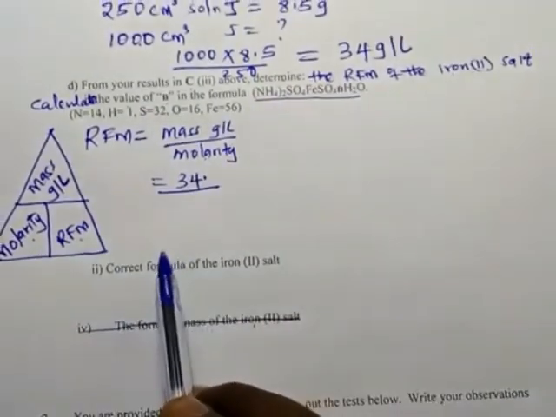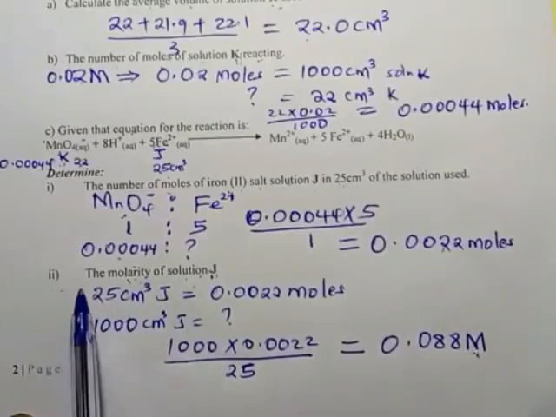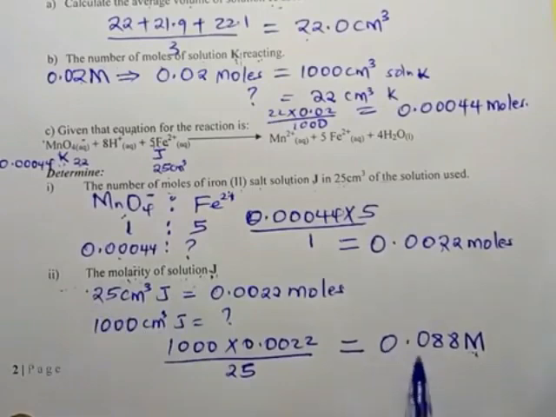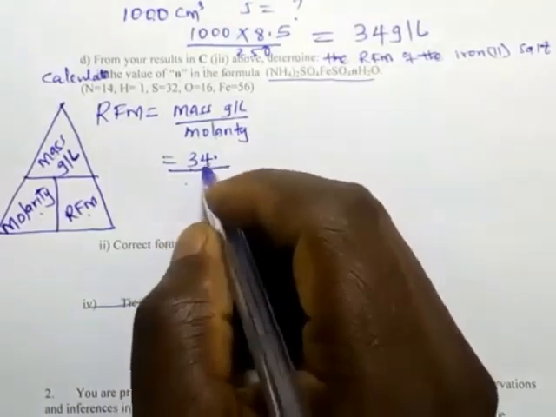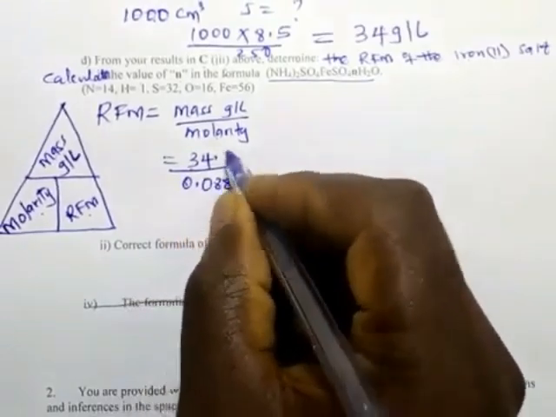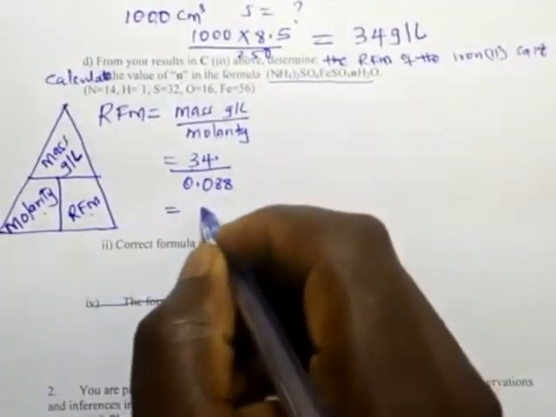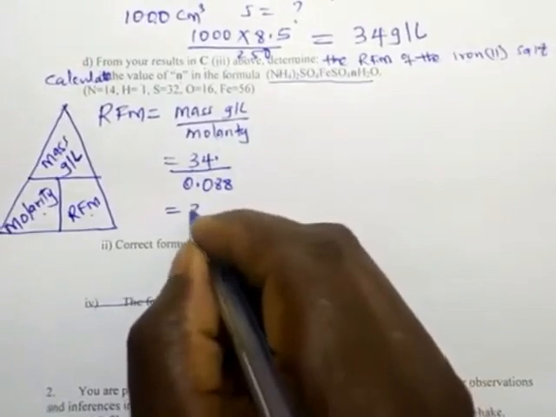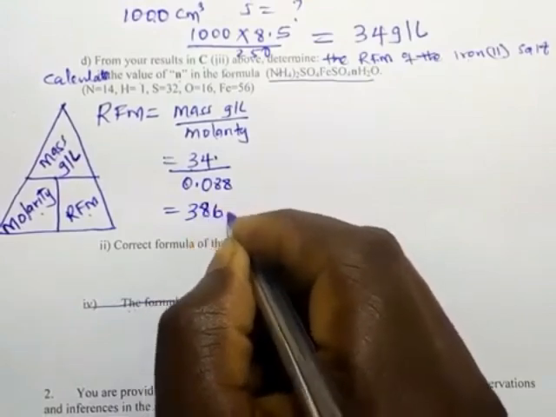We have calculated the molarity of the solution, which is in Roman 2. We have calculated the molarity of the solution, which is 0.088. So 34 divided by 0.088, which is the molarity of the solution J. This one, using your calculator, you will get it is 386.4.